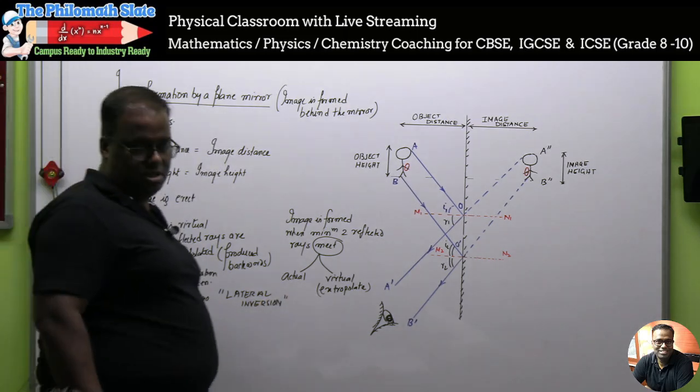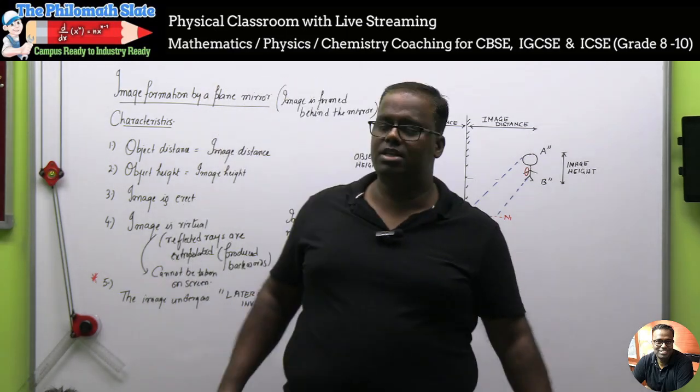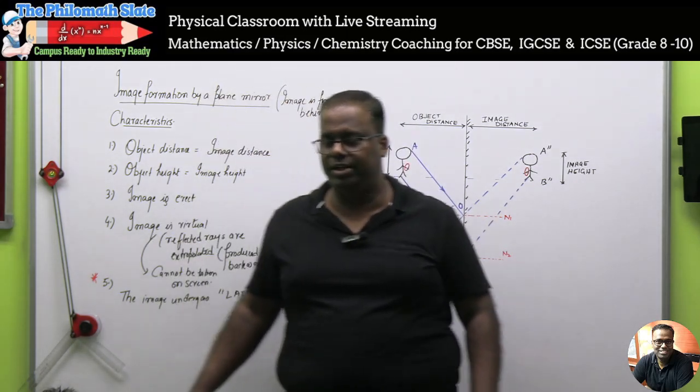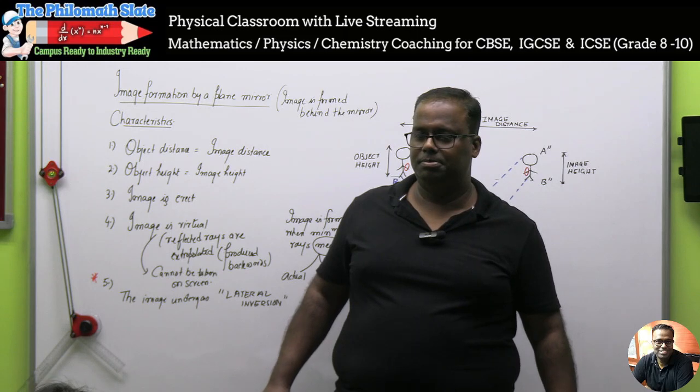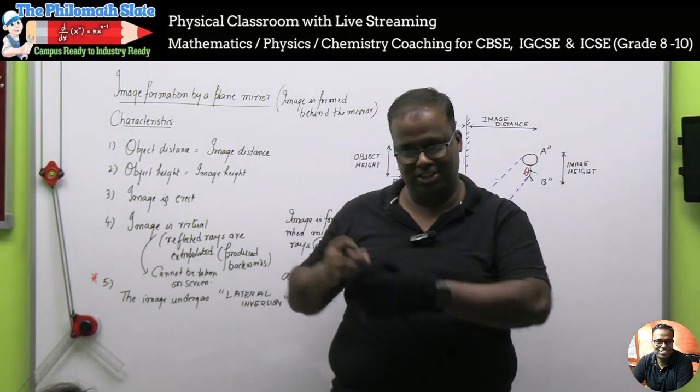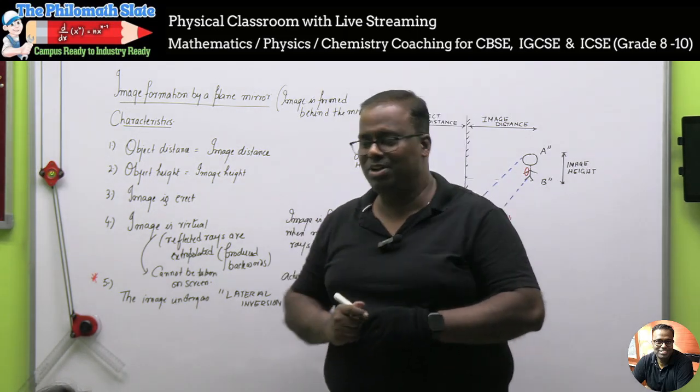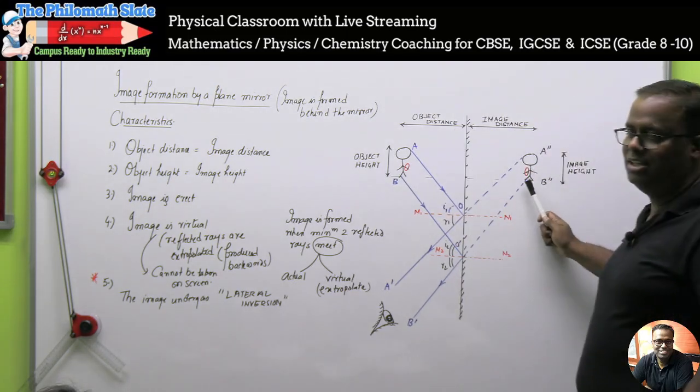Lateral inversion means a normal lady wearing a sari sees herself as a Gujarati lady, the pallu of the sari is reversed. Lateral inversion, right? That's why our Vakul darling's watch came on the other hand.